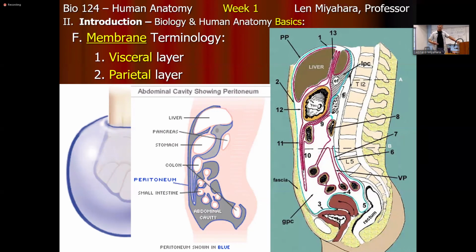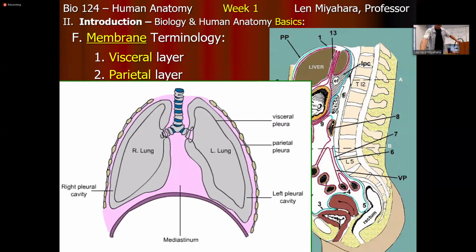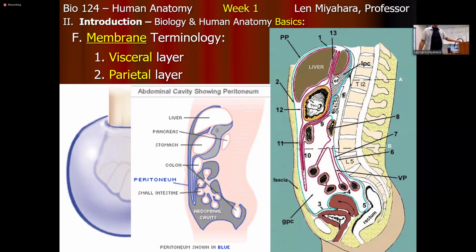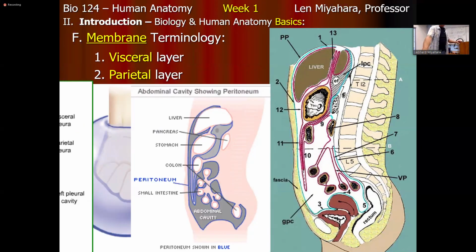And all anterior cavities have this. All of them. So in the abdominal pelvic cavity, it's called peritoneum. You had the spelling right here. Peritoneum is the lining in the abdominal pelvic cavity.